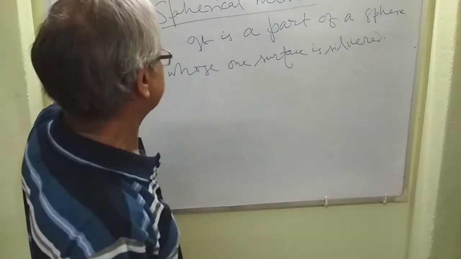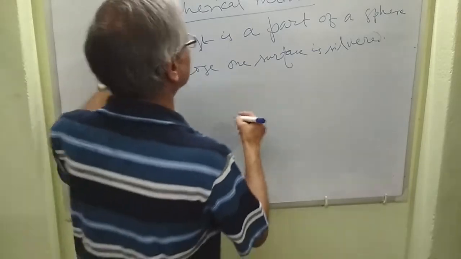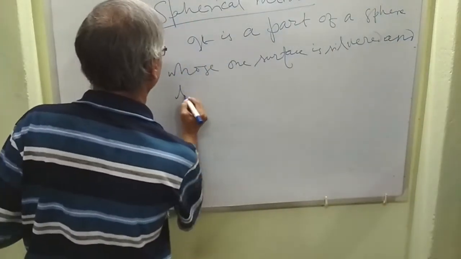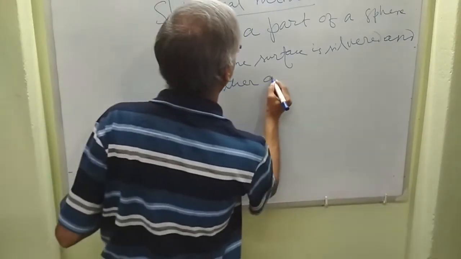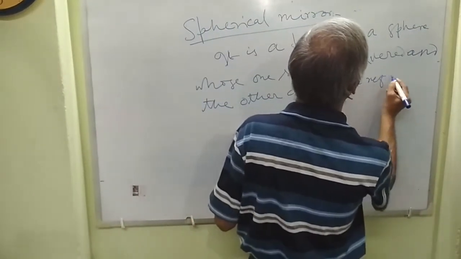It is a part of a sphere whose one surface is silvered and the other acts as a reflecting surface.